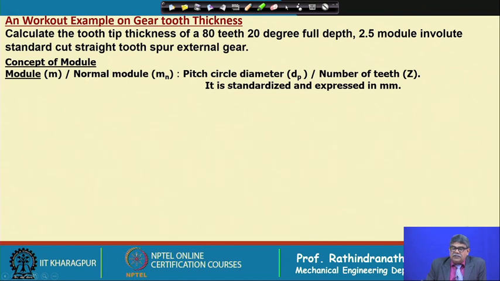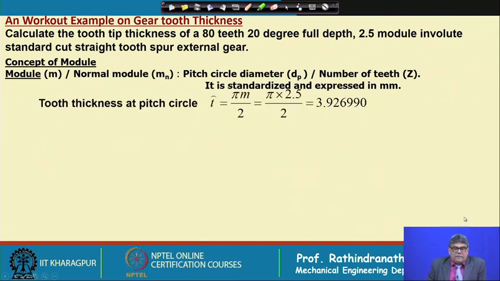So, this means that if we multiply module by teeth number, we will get the standard pitch circle diameter, and tooth thickness is nothing but the standard circular pitch, which is pi into module, divided by 2, because at standard circular pitch, which is pi m, the tooth thickness is equal to the gap thickness.